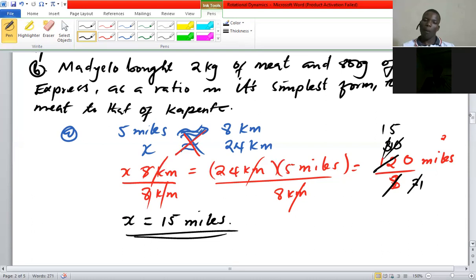I had 30 here, divide by 2, so 2 into 30 gives us 15. So X is 15 miles.